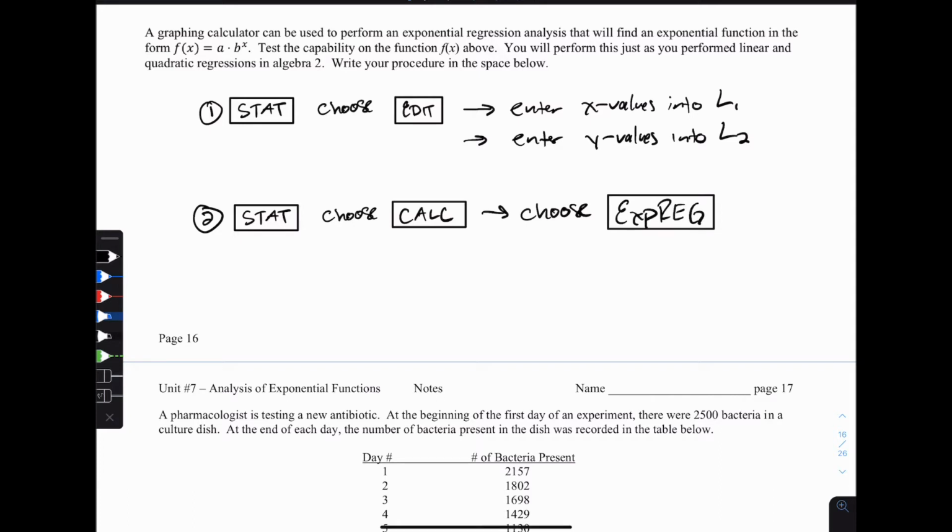A regression is when the calculator, or you can do it by hand, but it takes hours, chooses a curve that best fits the data.